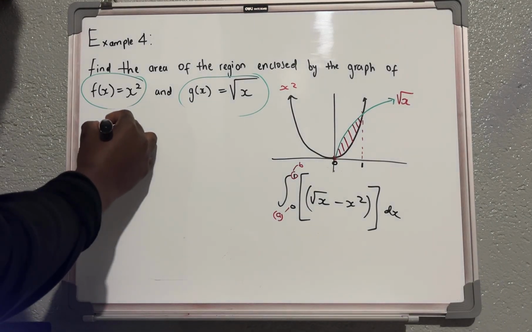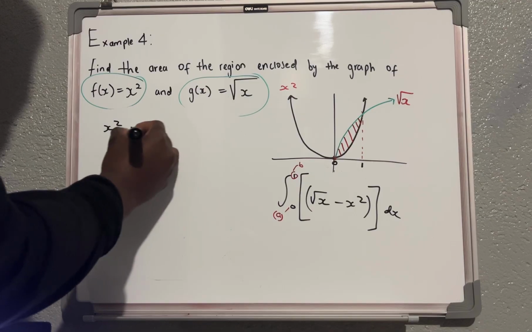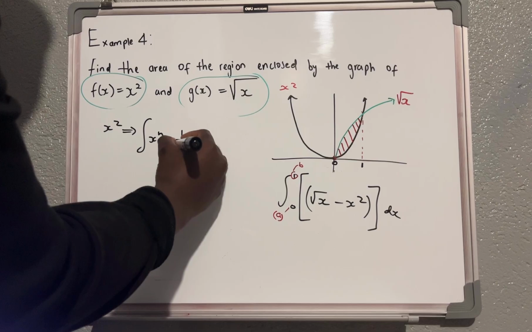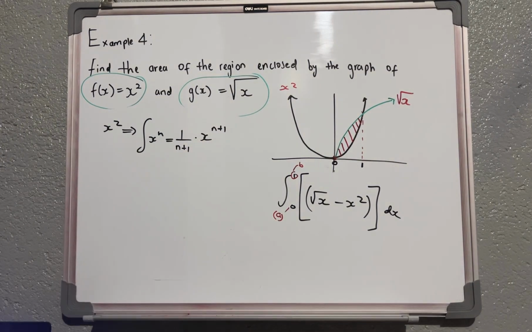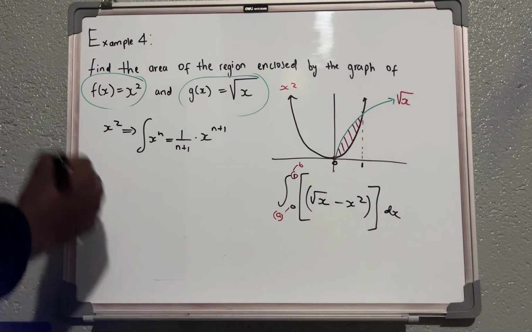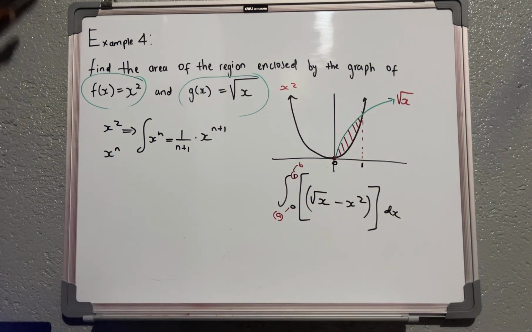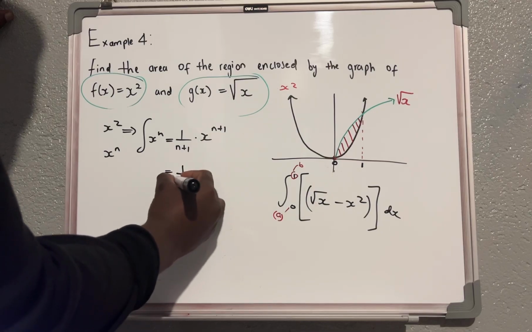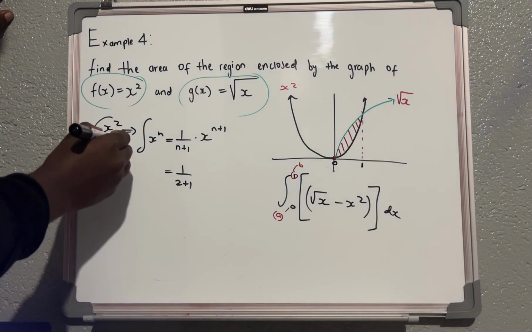So we have x squared. With your x squared, we know we're going to use the power rule. What does the power rule say? It says if you have an integral of x to the exponent n, then this is the same as 1 over n plus 1 multiplied by x to the exponent n plus 1. So your 2 is your n. So you will have 1 over 2 plus 1, where 2 is that n I was referring to.